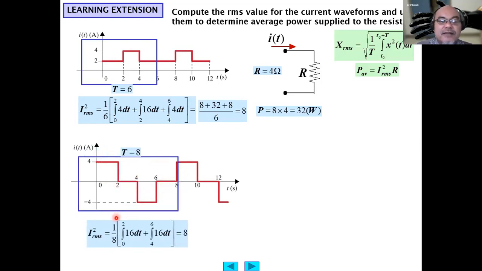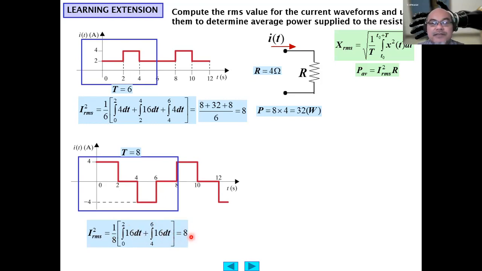So I square RMS equals 1 over 8 seconds times the integral. This value is 0 basically, so you just need to calculate this part from 0 to 2, 4 square dt, 16 dt, and this part from 4 to 6, minus 4 square dt, or 16 dt, and basically they are the same. 16 times 2 is 32, 2 times 32 is 64, divided by 8 is 8.